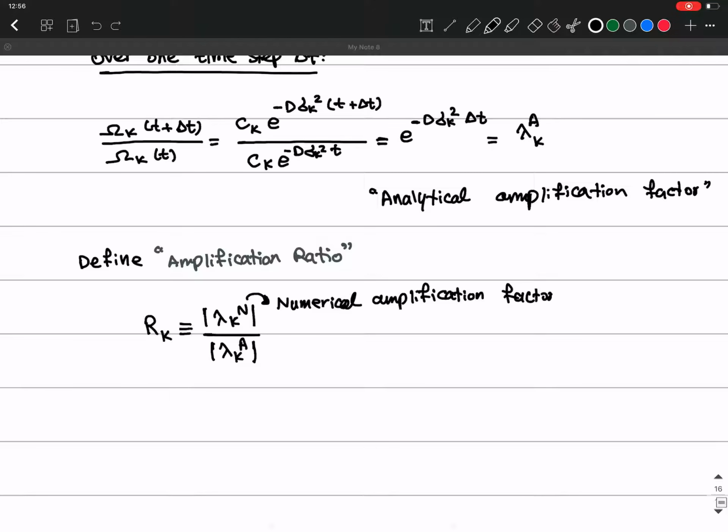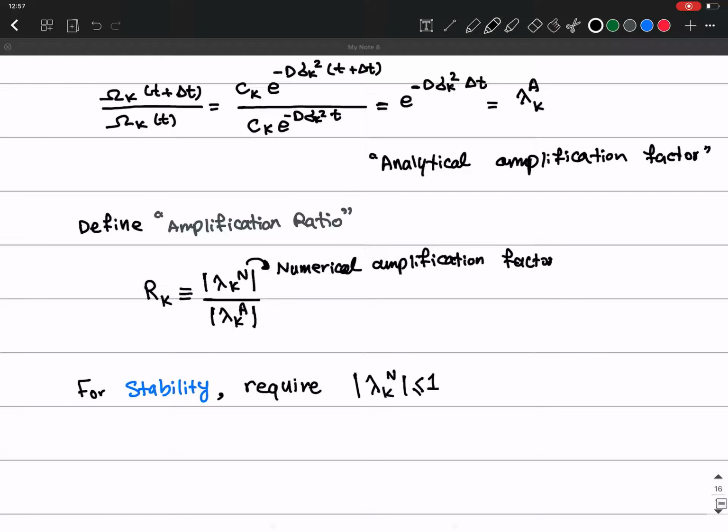Okay, so now for stability, we require lambda_k numerical to be smaller or equal to 1, and this is for the stability of the numerical approach.